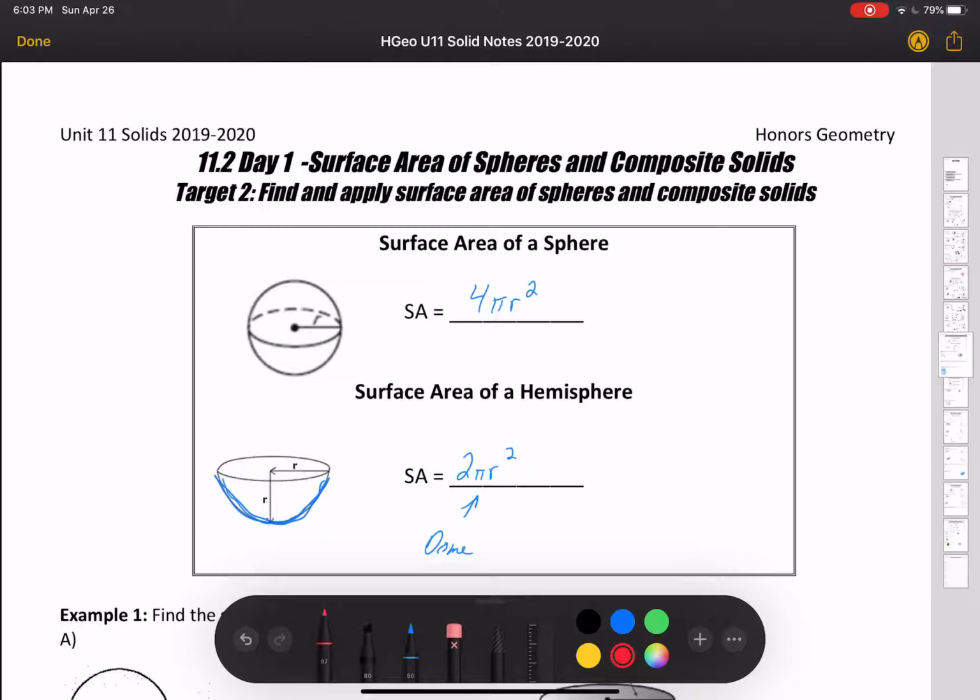And then we have a circular disk on top, which is just a circle, so that's pi r squared. That is the disk or the base of the hemisphere. So the total surface area for a hemisphere is 3 pi r squared.